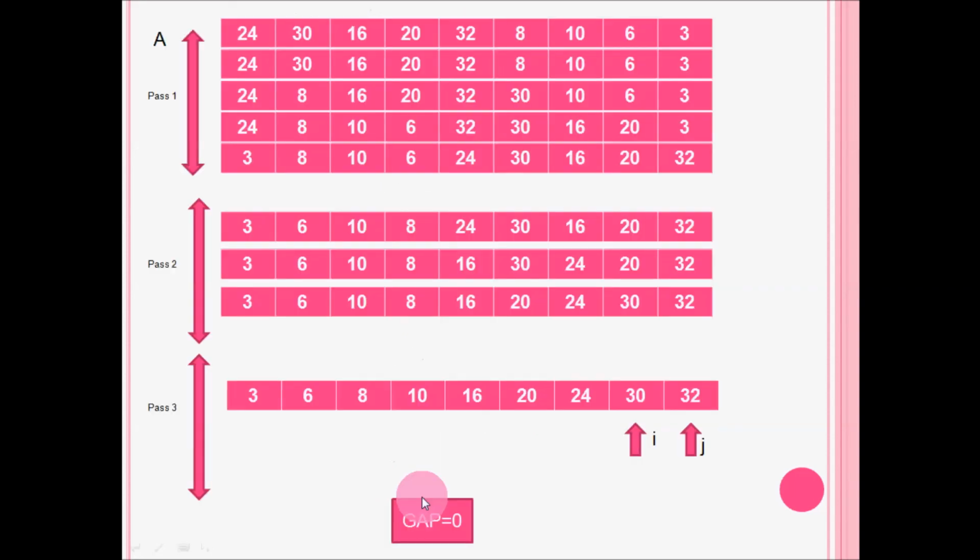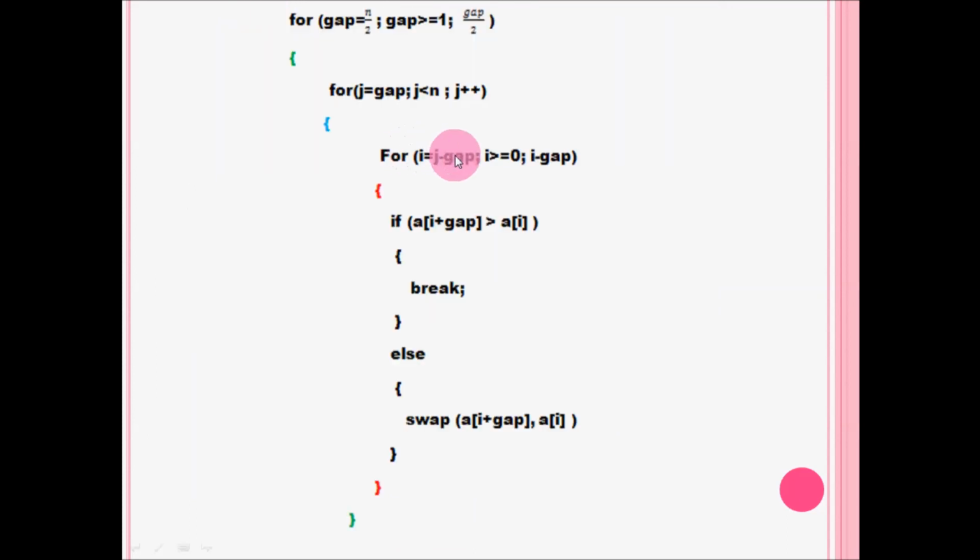For i, it is not like we just initialize i at the 0th index and increment by 1. We have to do something different. If the first time our j is here, then j minus gap, 1, 2, 3, 4, is i. So j minus gap is our i. And our i should always be greater than or equal to 0. And when i changes, i is equal to i minus gap.